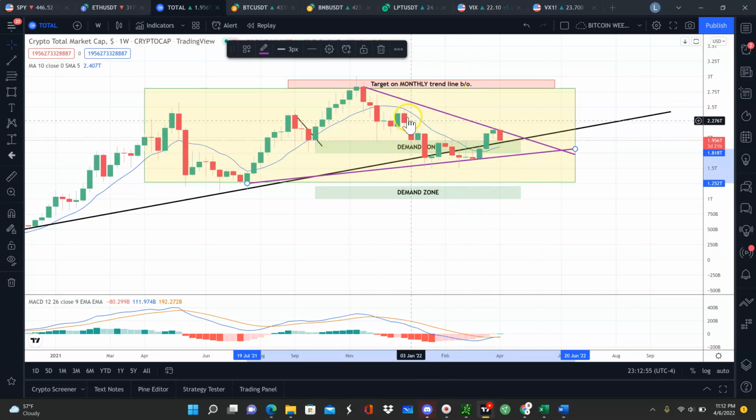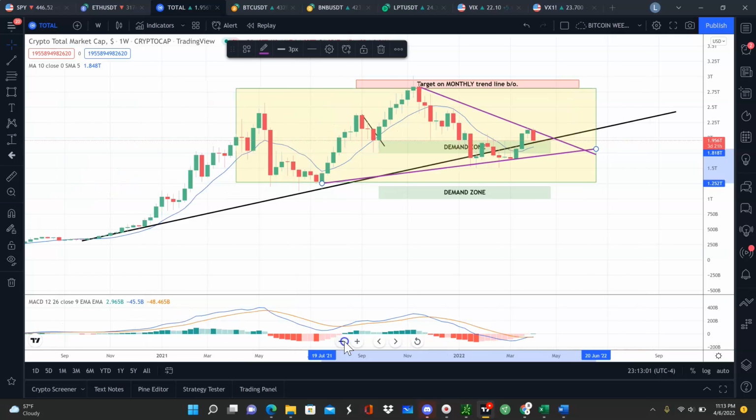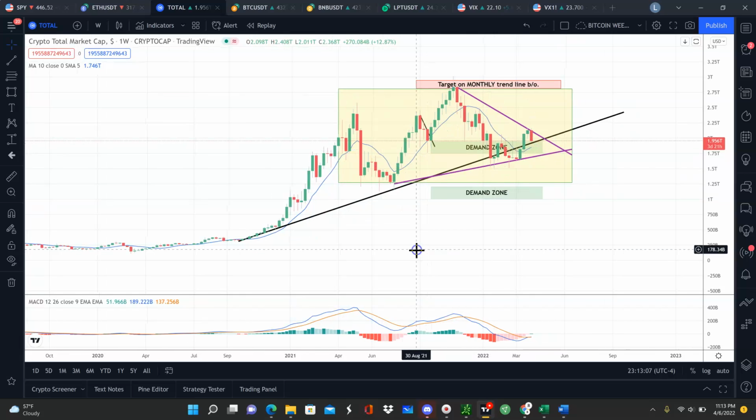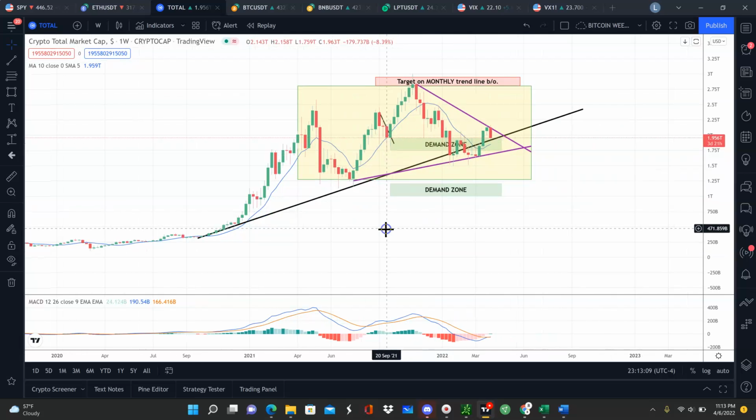So phase three of the market cycle, possibly it's just consolidating here on the weekly chart, like we saw with Bitcoin, what we saw with Ethereum, and what we're seeing with the overall market. Those are a couple of levels that I pay attention to as far as the weekly chart is concerned.